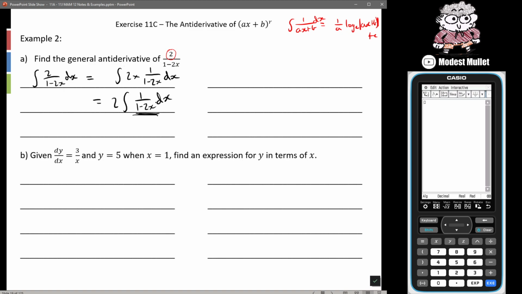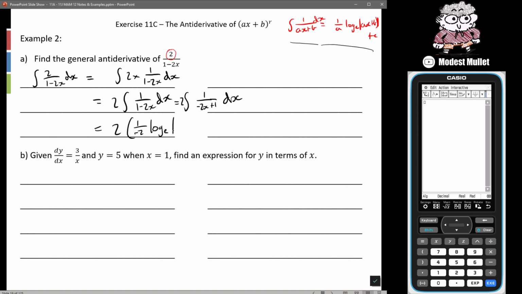Now we've got an antiderivative that matches one of our rules, so we can use it. Let's also rewrite this as 2 times 1 on negative 2x plus 1, just to match the formula and make it easier to use. So our a value is negative 2, so we're going to put negative 2 there.